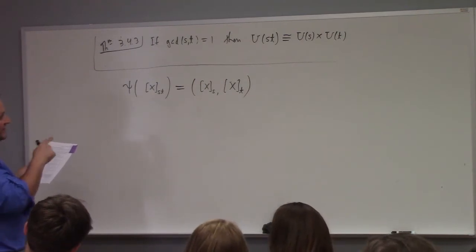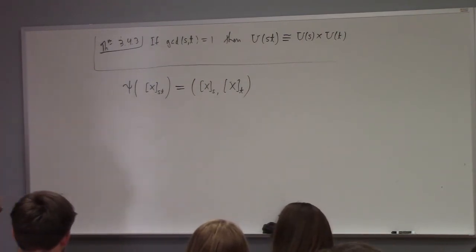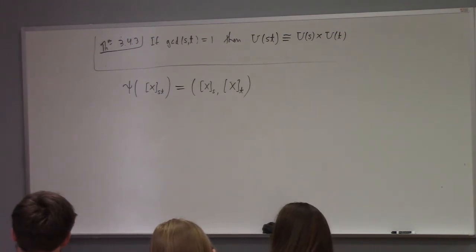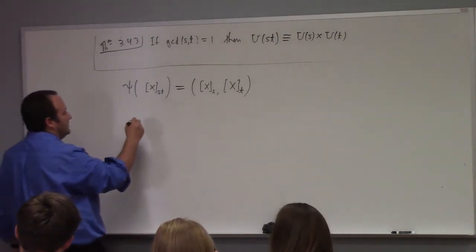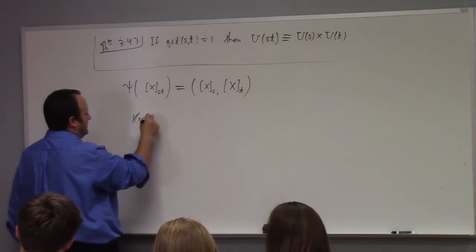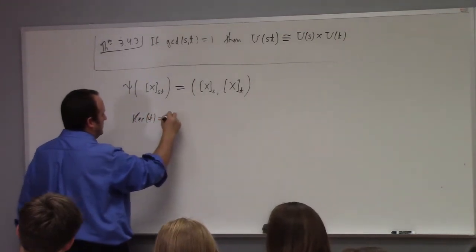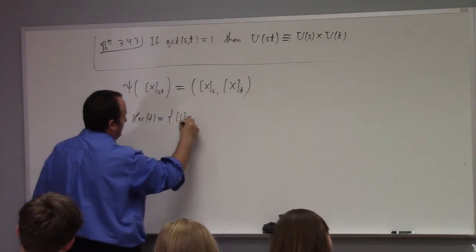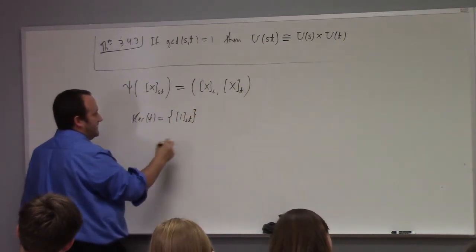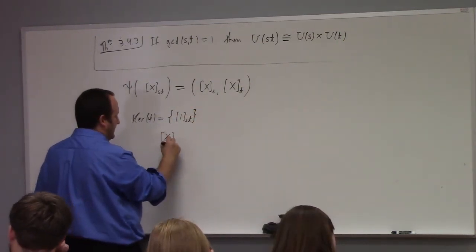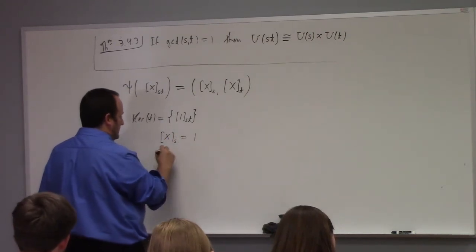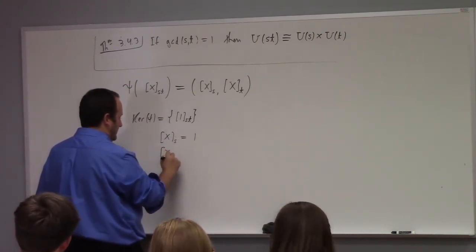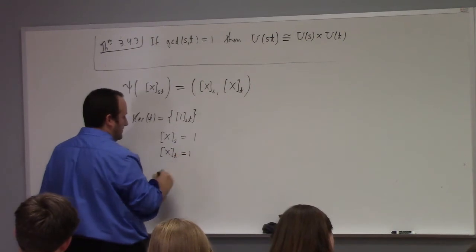But anyway, to show it's injective, you want to show that the kernel of psi is equal to the identity, yeah? And what does that mean? That means that x_S is equal to 1, and also x_T is equal to 1. What's that mean?